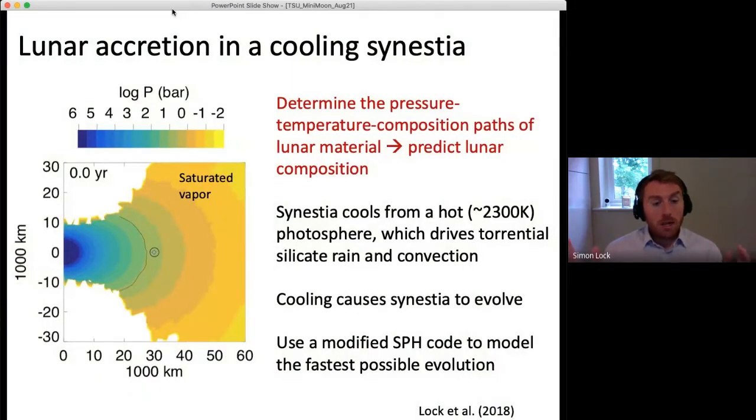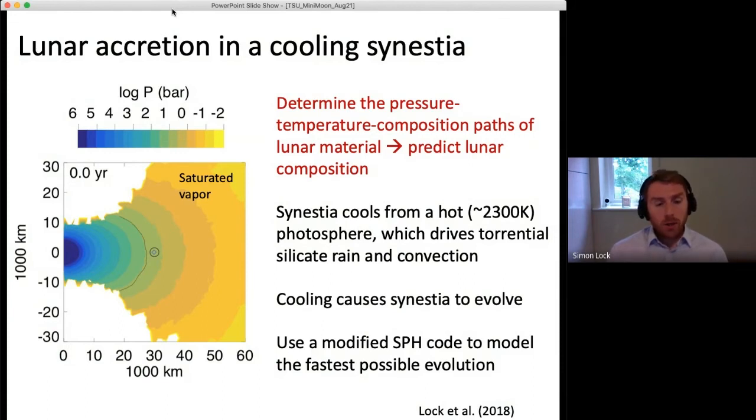Right. So that is what a synestia is. Why does that matter for forming the moon? The way that we really try to investigate this is to not just look at the physics of making the moon, but to try and actually understand the pressure, temperature, and composition time paths lunar material went through before it was incorporated into the moon.